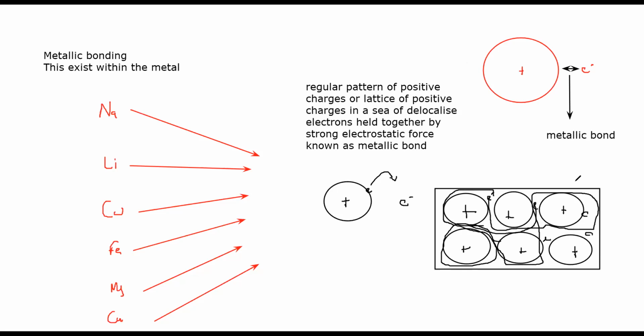So any metal will have a regular arrangement of positive ions and a sea of delocalized electrons. The attraction between the positive ion and the electron refers to the metallic bond.